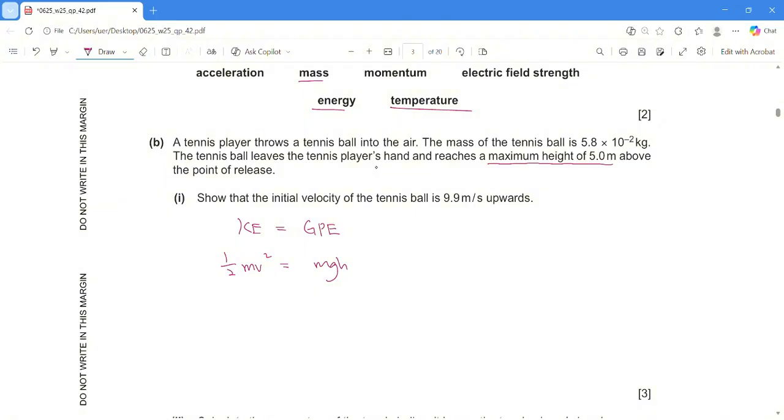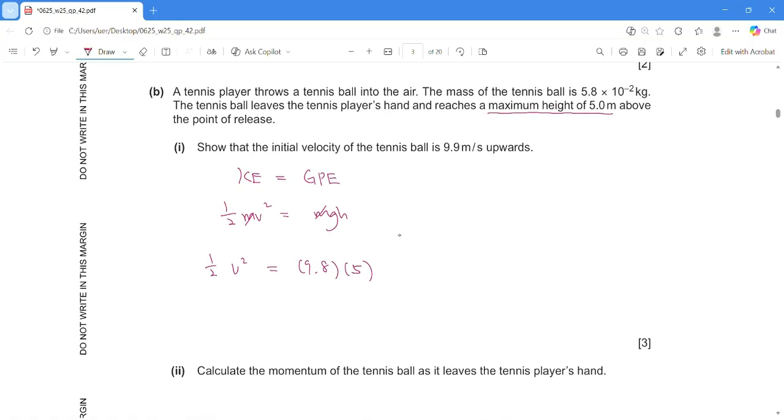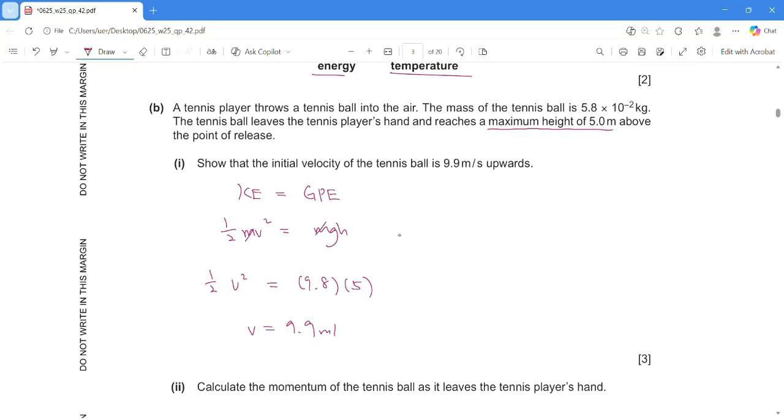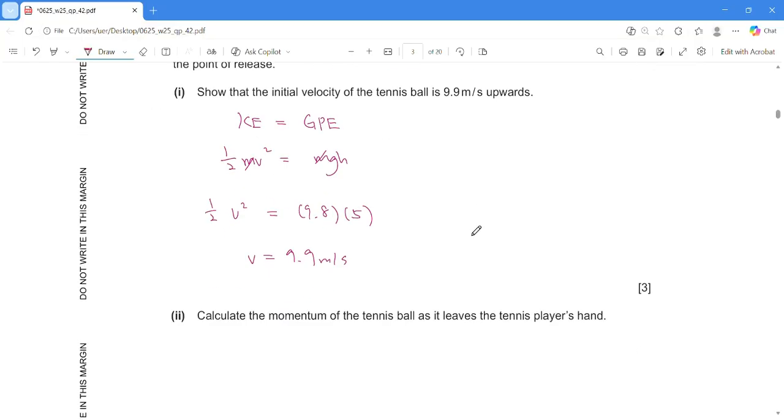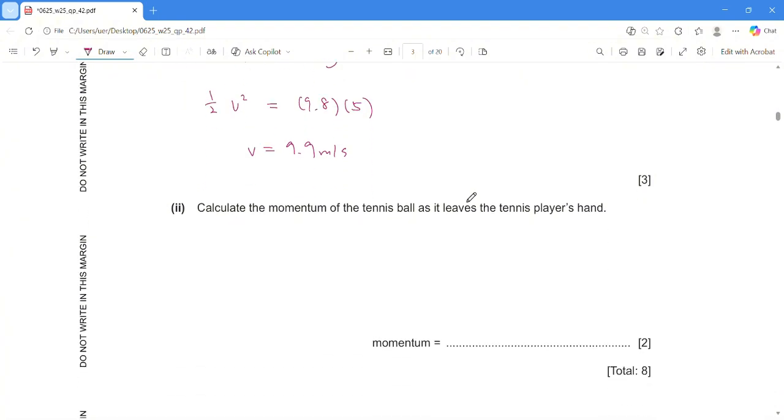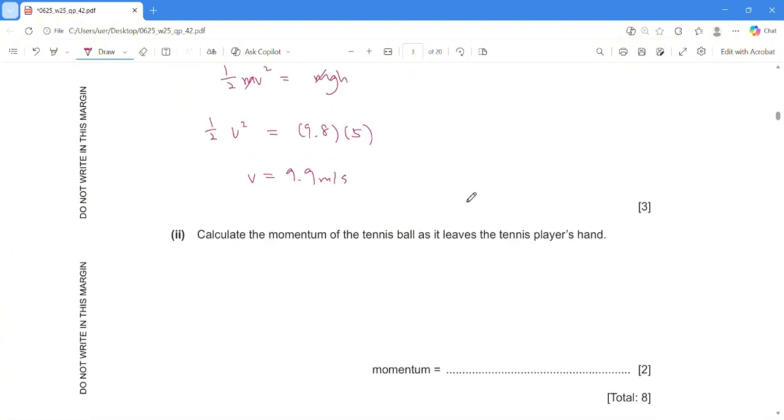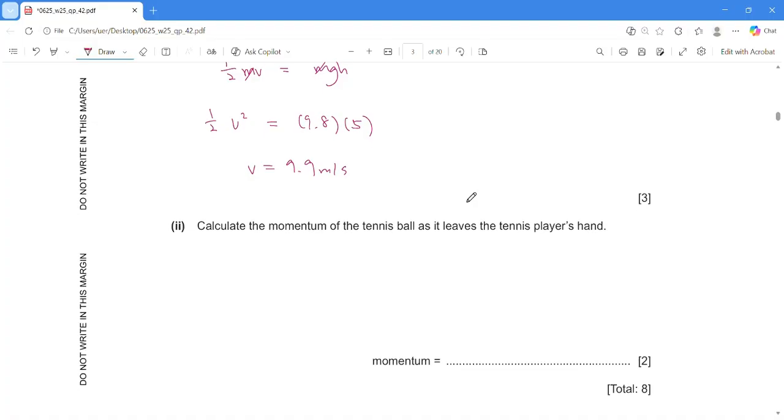Okay, so we can cross out the m here. So half v squared equals g, 9.8, times the height, 5 meters. Okay, so we arrange everything, you solve for v, and you should get around 9.9 meters per second. Done! Number 2, calculate the momentum of the tennis ball as it leaves the tennis player's hand.